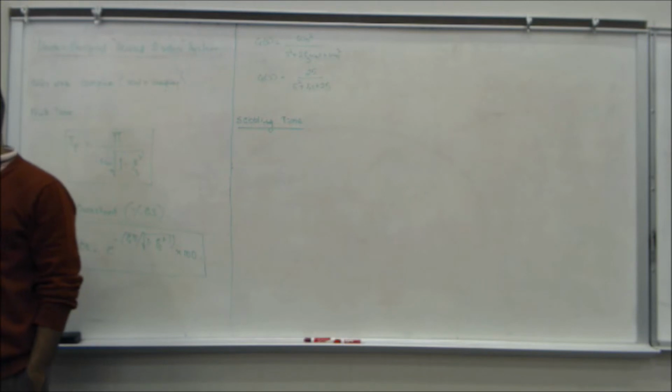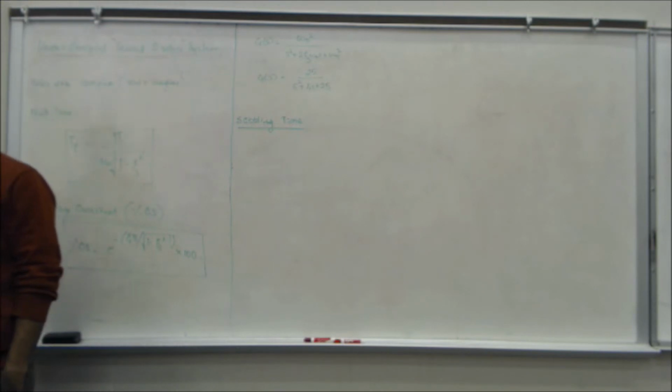Okay. In a critically damped system, the rise time and peak time will be a little more than this, but the settling time will be much smaller. It may hardly peak or may not peak, and it will just immediately stabilize.